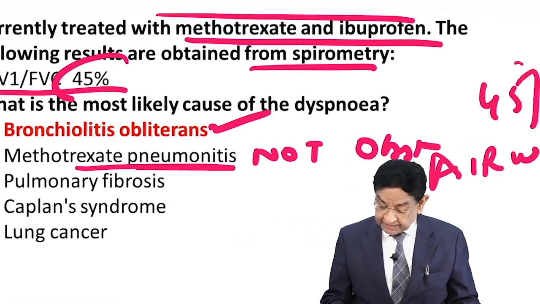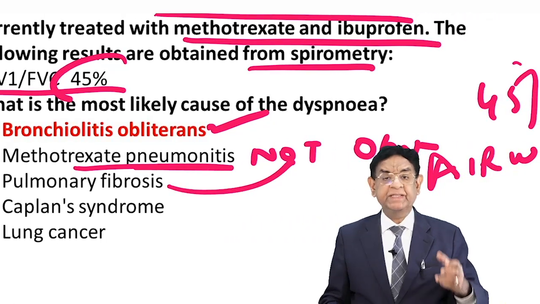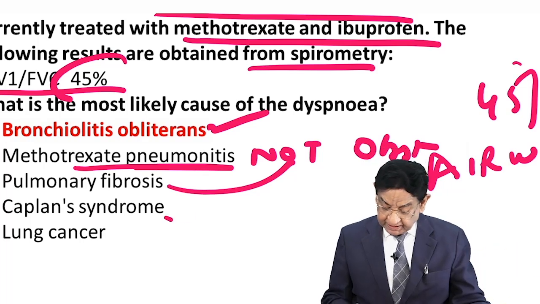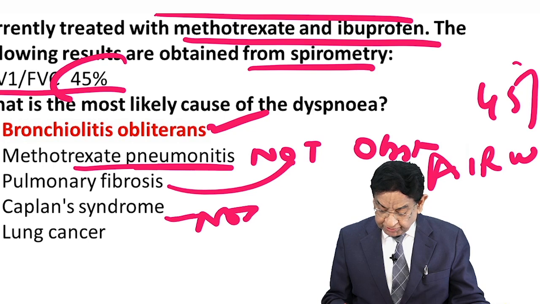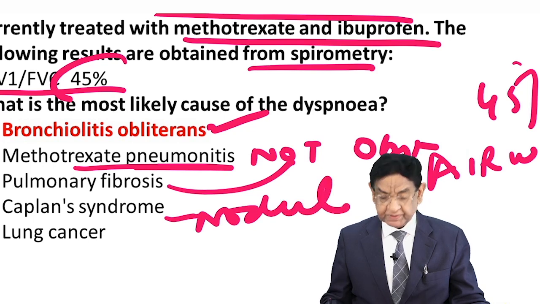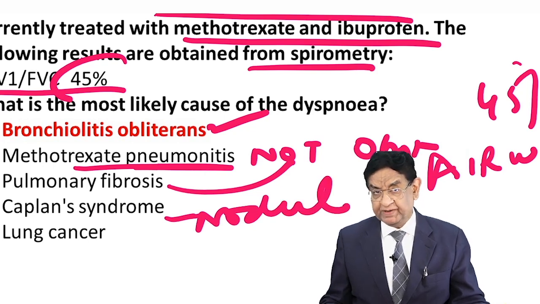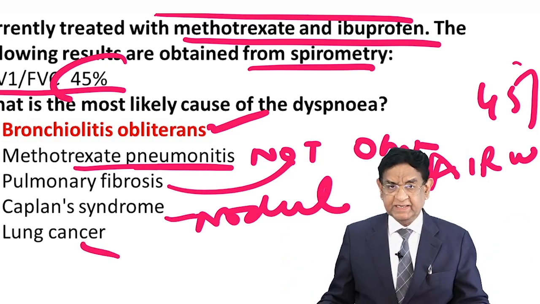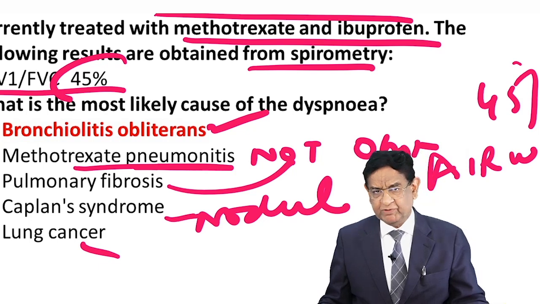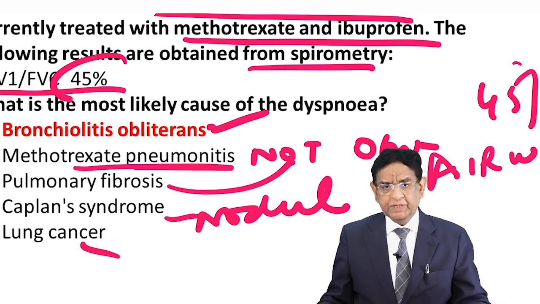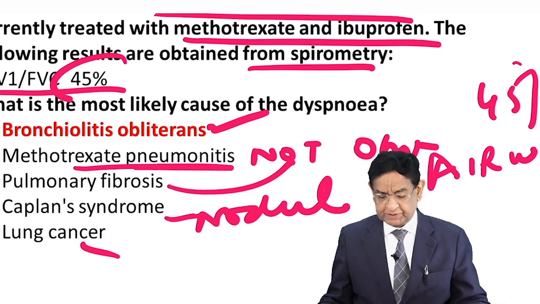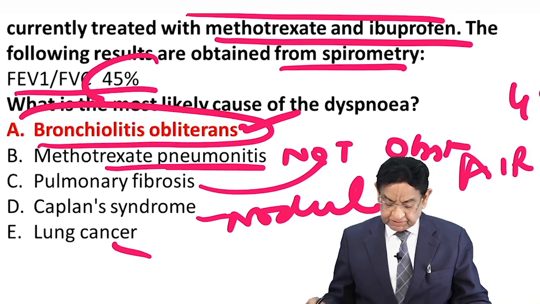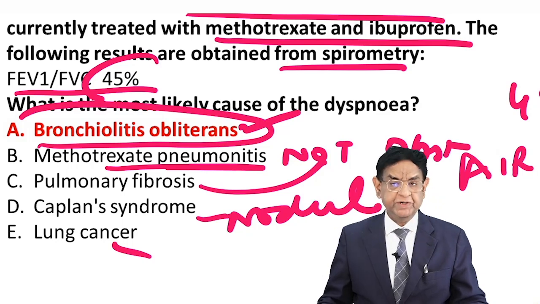Pulmonary fibrosis, again, is not obstructive, it is a restrictive airway disease, the point I mentioned to you earlier. Caplan syndrome has lung nodules. They don't have obstructive airway disease. Lung cancer is altogether a different entity, it doesn't come into obstructive or restrictive airway disease. So having ruled out all other options, beyond doubt the best answer for this condition is bronchiolitis obliterans.